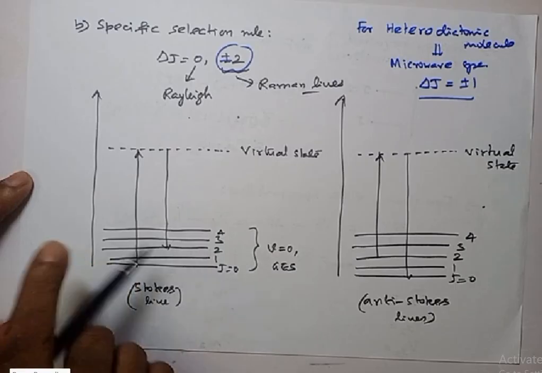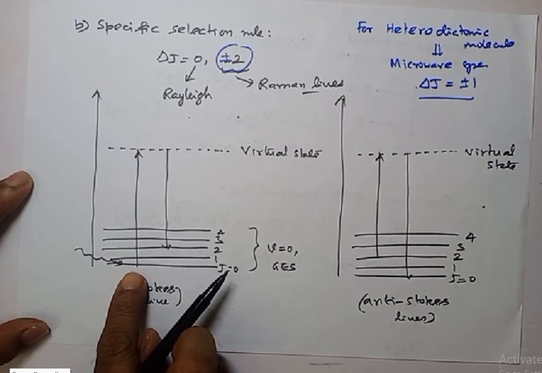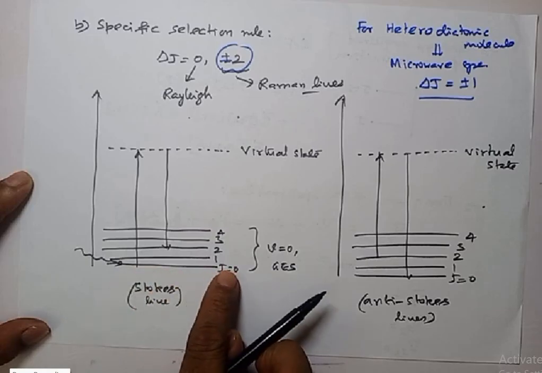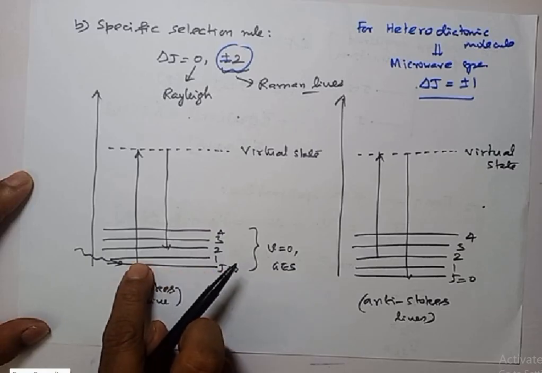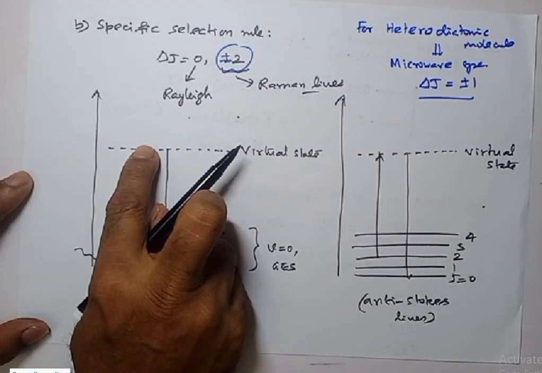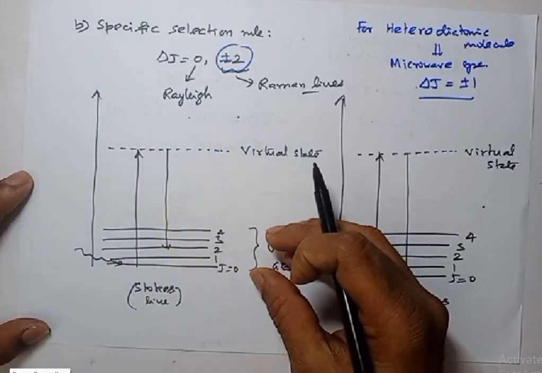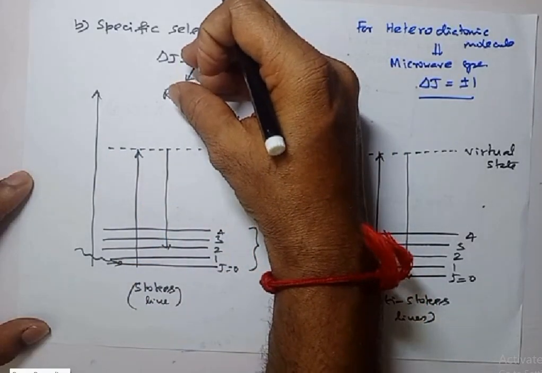If you pass incident radiation, the molecule absorbs. Suppose a molecule present in the J equals 0 level absorbs the energy and goes to a virtual state. This virtual state is present between the ground electronic state and the excited electronic state.